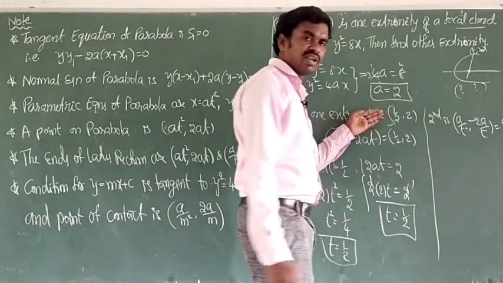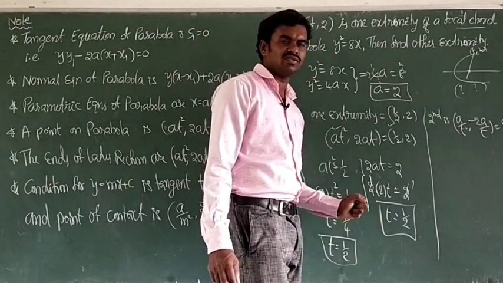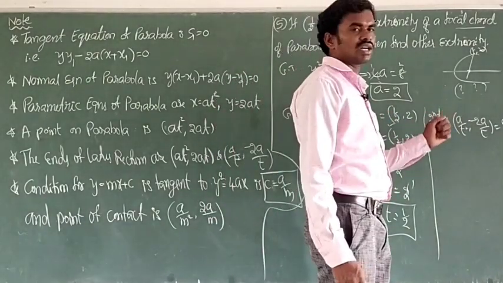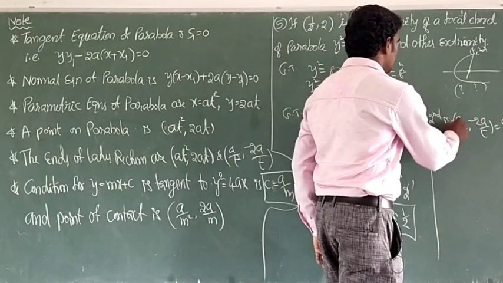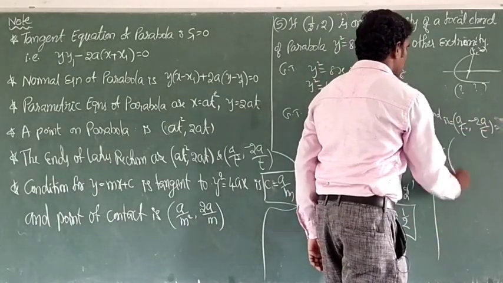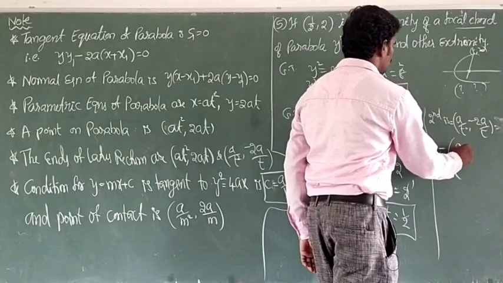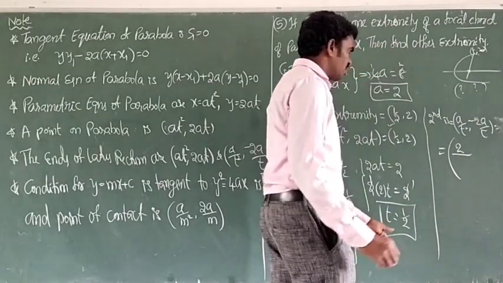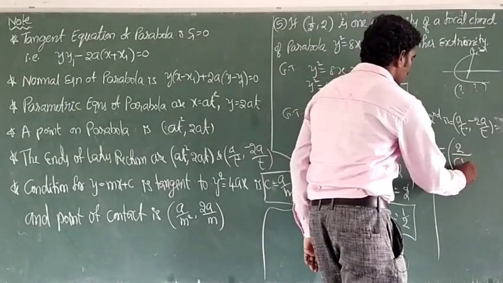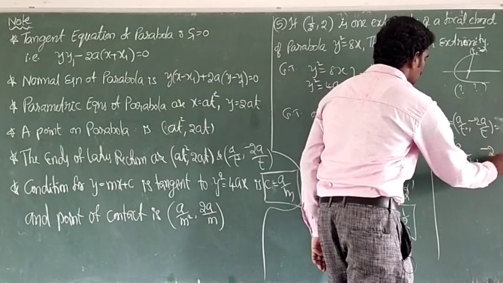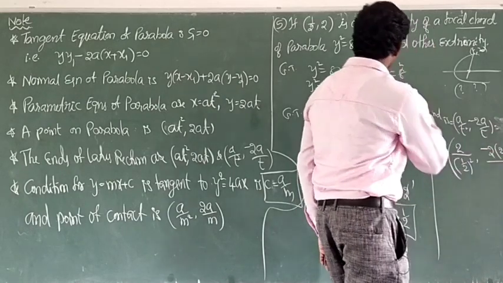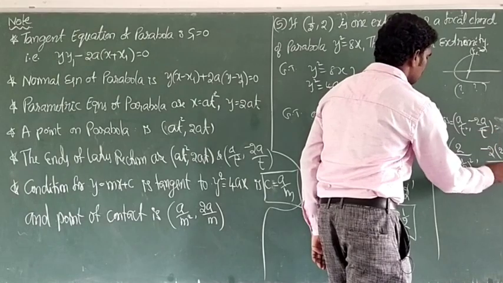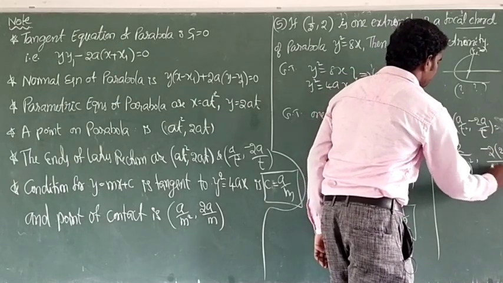One extremity is given, using it we find the t value, and the second extremity is generally a by t square comma minus 2a by t. Substitute in this: a is 2, so 2 by (1 by 2) square comma minus 2 into 2 by (1 by 2).